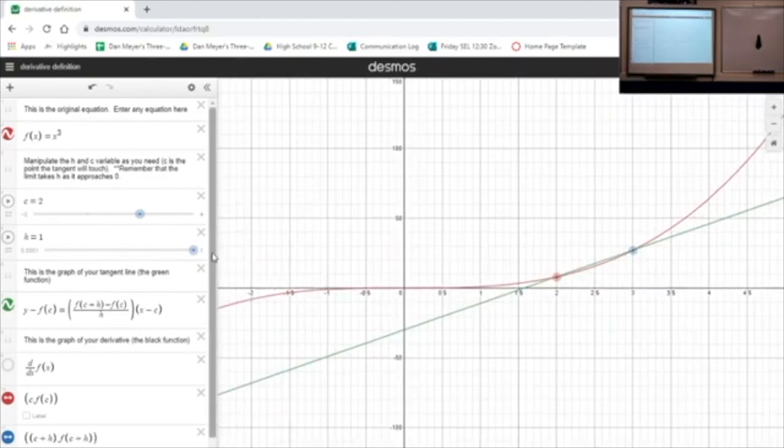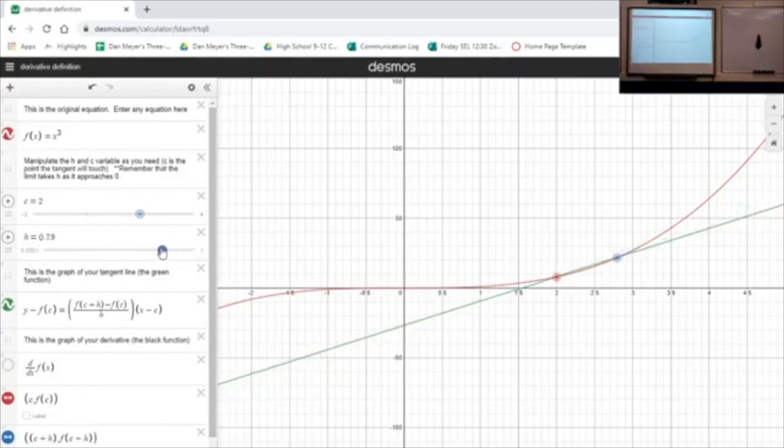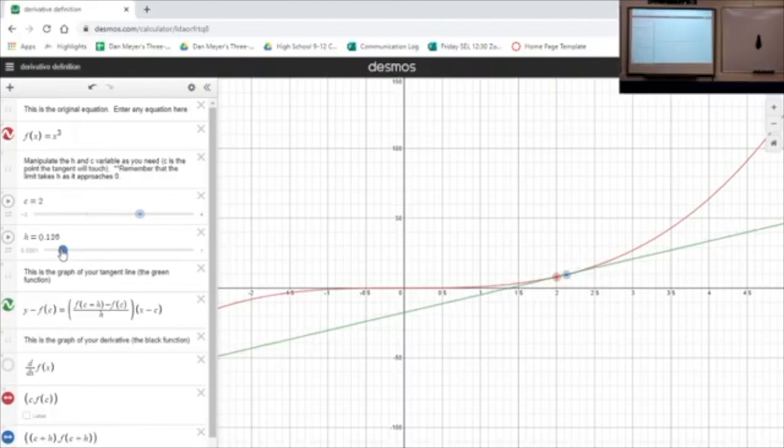And so what I want to do is to make that h, that little nudge to the right, smaller and smaller. And as I do that, that slope will get closer and closer to the actual slope of the tangent line, until we hit extremely small values. So here's 0.1.